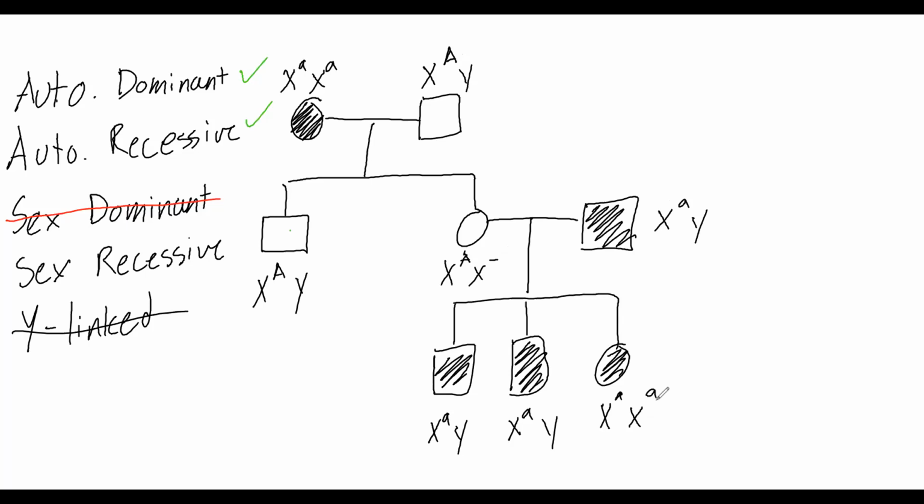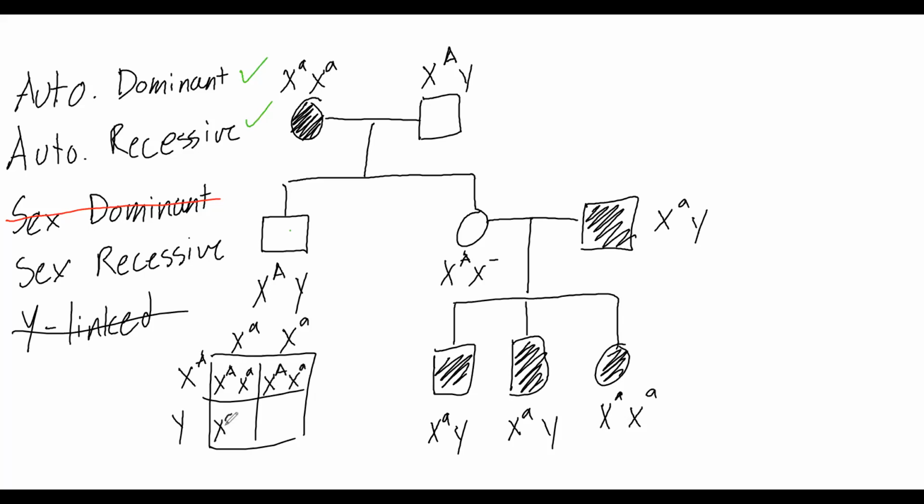Now let's draw our Punnett squares. Starting with the first couple on the top, I have a female who is double recessive and a male who is affected. So drawing out our situation. Are these children possible?